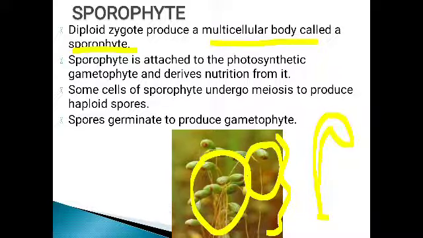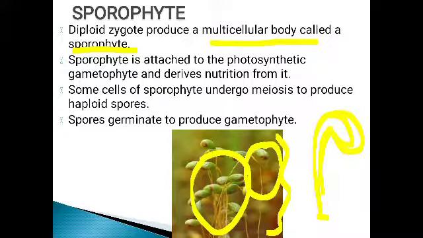It is not grown separately. The zygote will divide and produce the sporophyte, which has a foot by which it attaches, then a long stalk-like structure, and at the tip a swollen structure, the capsule.